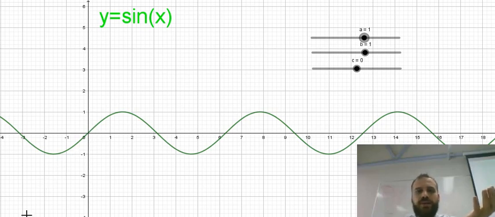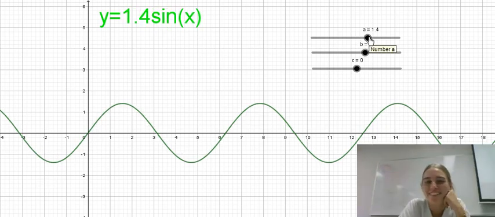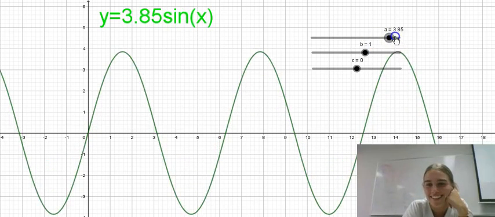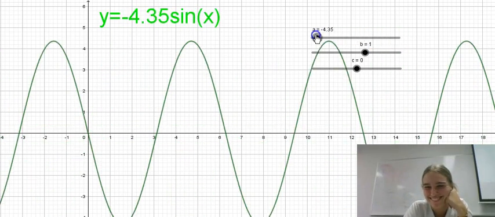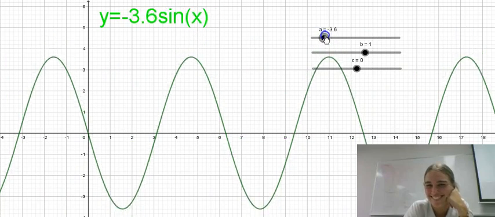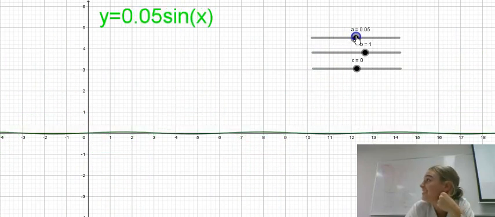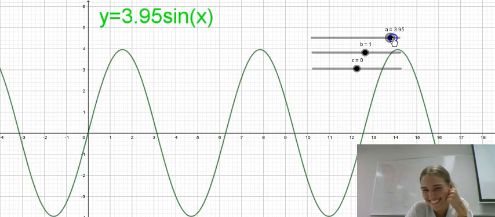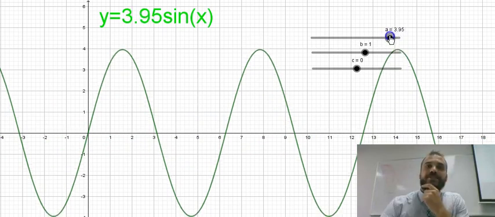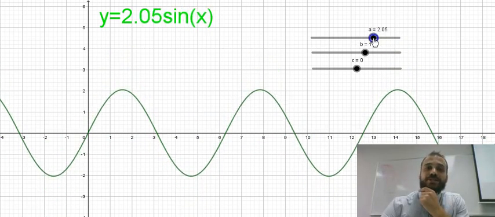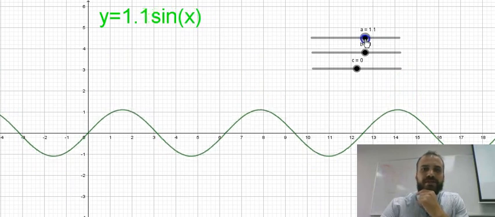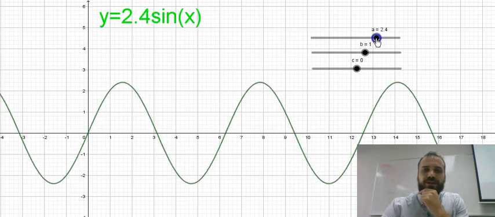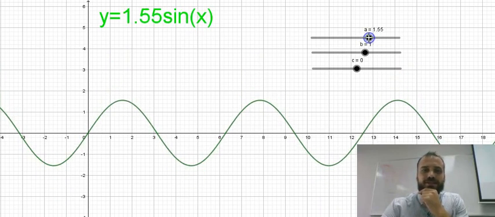I wonder what happens when I move the a slider. Okay, you can pause it. So as you can see, the a slider appears to change the amplitude. If the a value is positive, our graph will be as we expect it. This is a sine curve, so it starts at 0 and moves upwards.